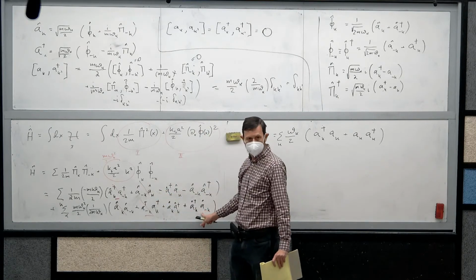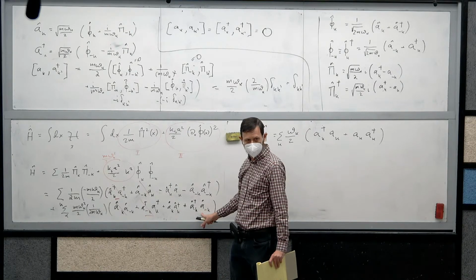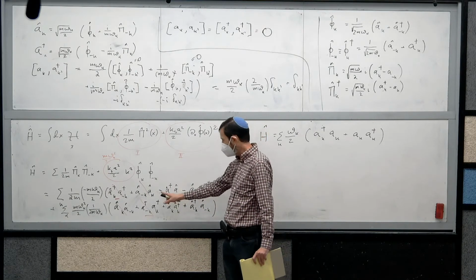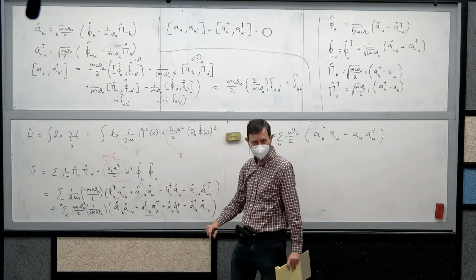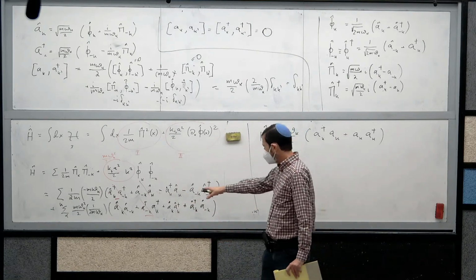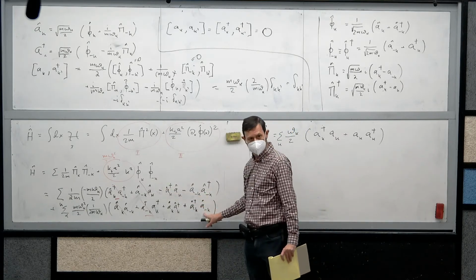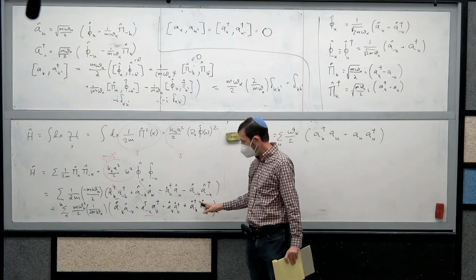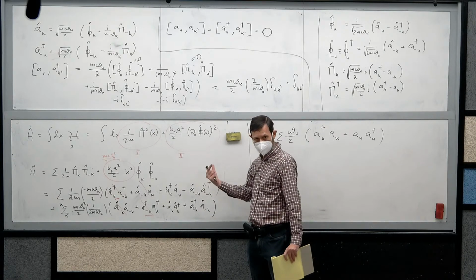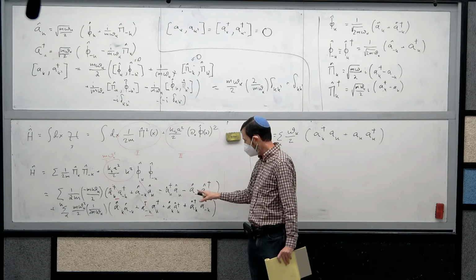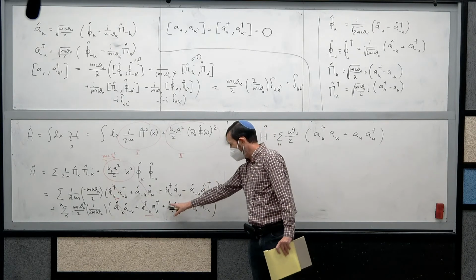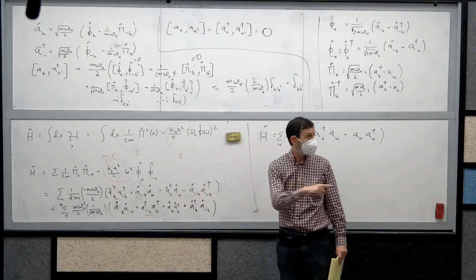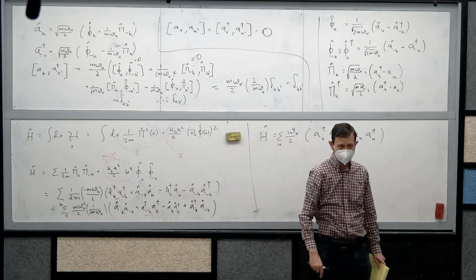And since I reverse the order of summation on k, the minus k is equal to k. So here it's dagger. The first is a dagger, the second is not a dagger, and here again reversed, so it's non-dagger, dagger. So two terms are written here.